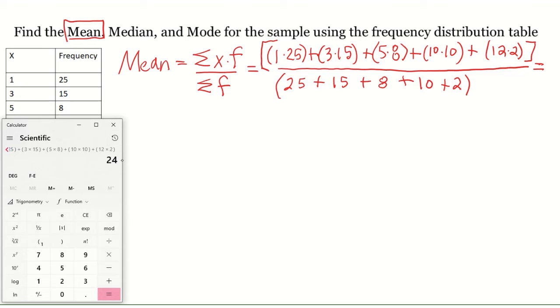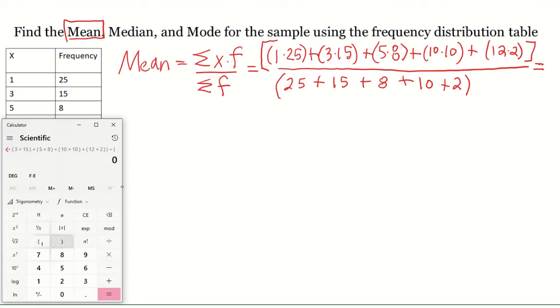Then I'm going to double check that I have all of my values. Got 12 times 2, 10 times 10, 5 times 8, 3 times 15, and 1 times 25. So I have all of my numbers. I'm going to close my bracket, and then I'm going to divide by the sum of the frequencies.